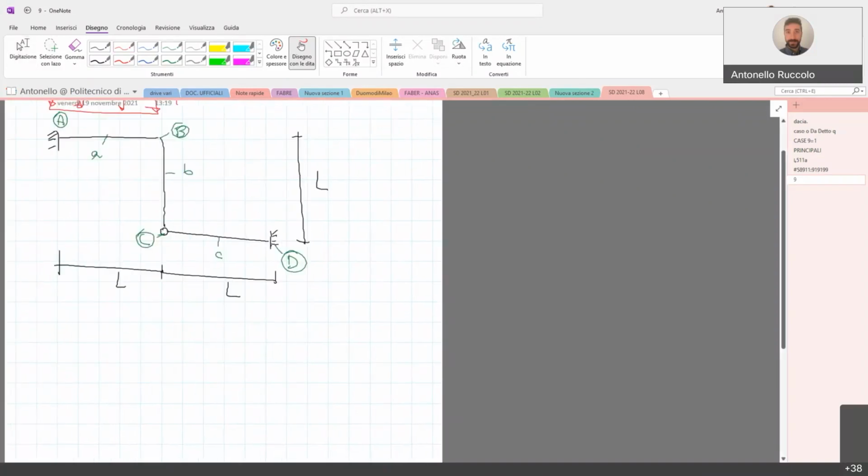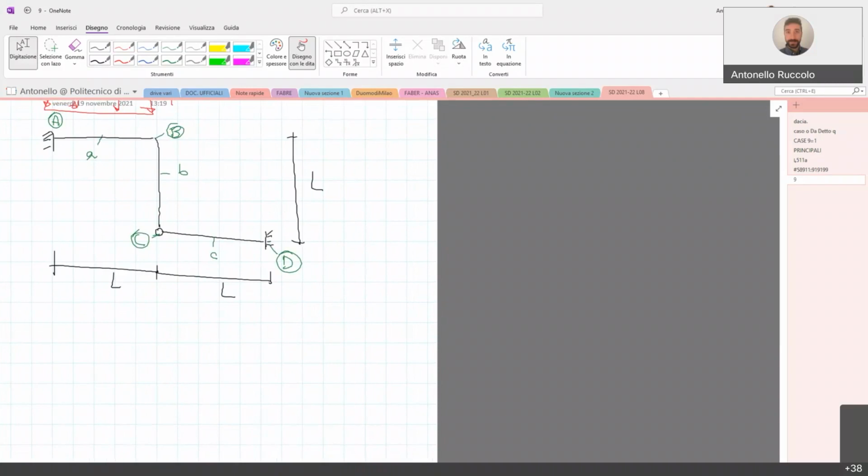First of all, we have to ask what are the kinematic displacements we want to explicit. Well, in the node A, we have everything fixed. In the node D, everything is fixed as well. The node B, we want to know, can the node B undergo a horizontal displacement?